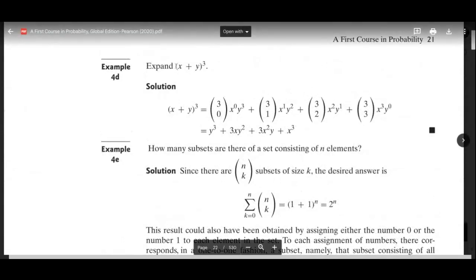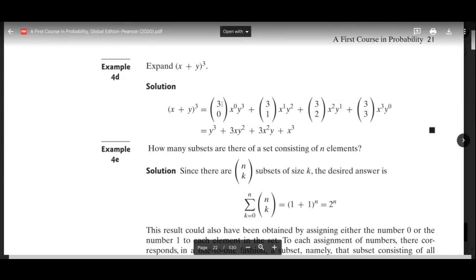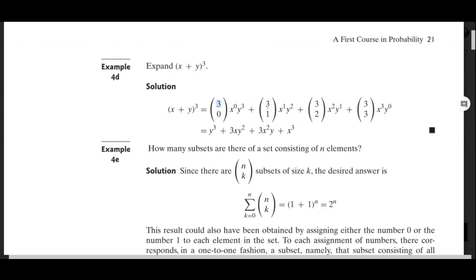All right, let's review this. We have done this before, right? Let's see in this class. So n is 3. Out of 3, choose 0, because the index k starts with 0. So k goes from 0, 1, 2, finish at 3. So we have 4 terms, right? The first term is out of 3, choose 0.